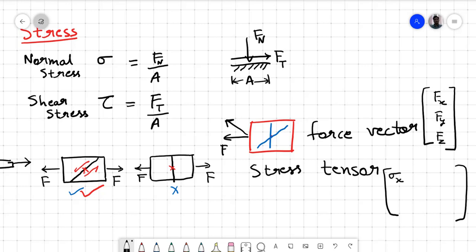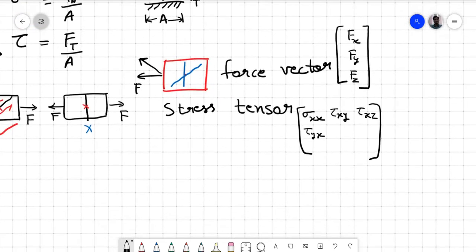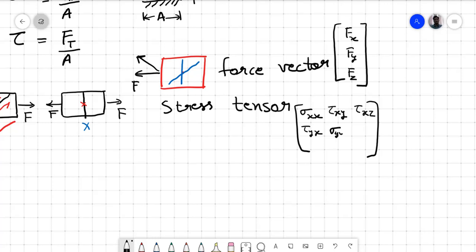So in this case I'll write sigma xx, tau xy, tau xz, tau yx, sigma yy, sigma zz, where these sigma are the normal components, and all the tau terms are shear stress components.